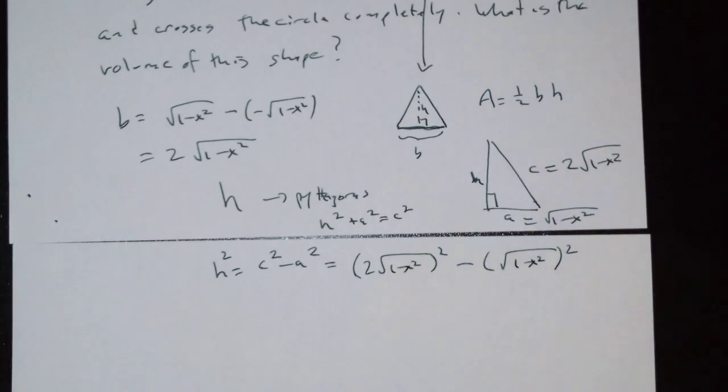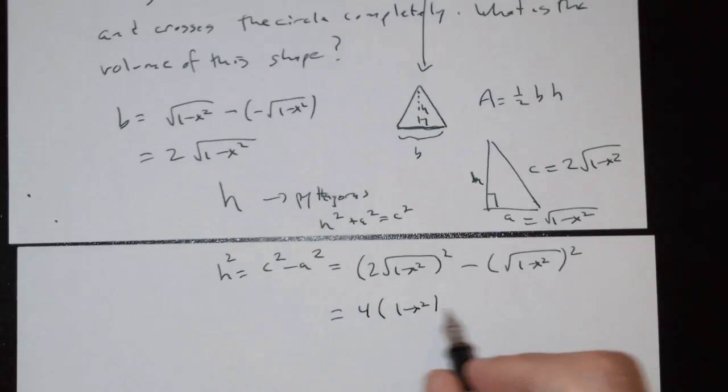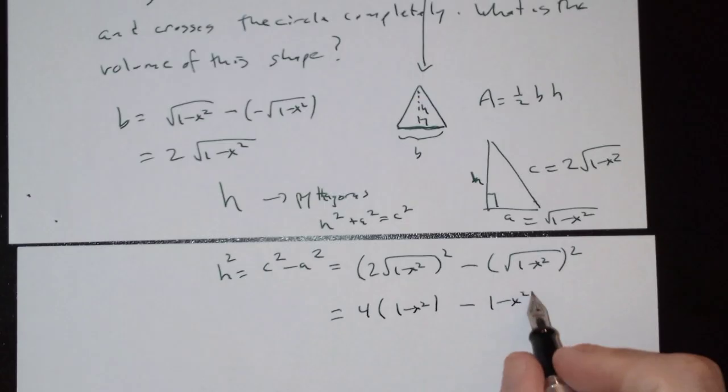What happens when you square these? And squares the two. So here, I'm going to get 4 times 1 minus x squared. And here I'm just going to get 1 minus x squared. 4 things minus 1 thing is 3 things.